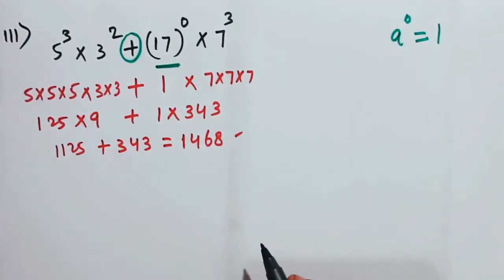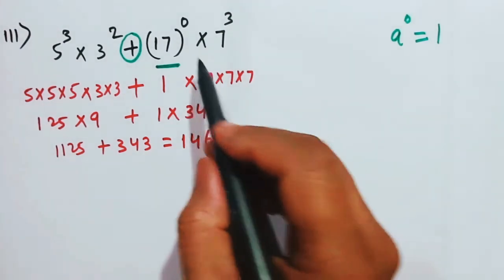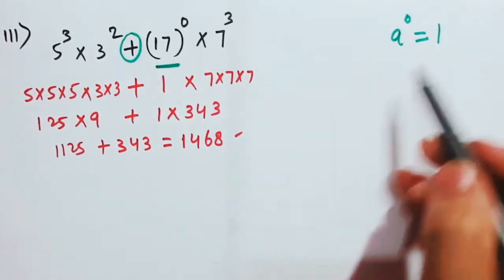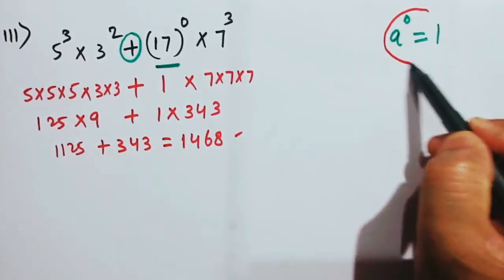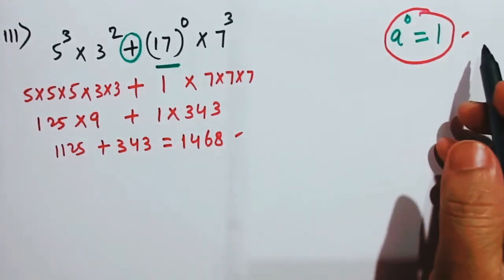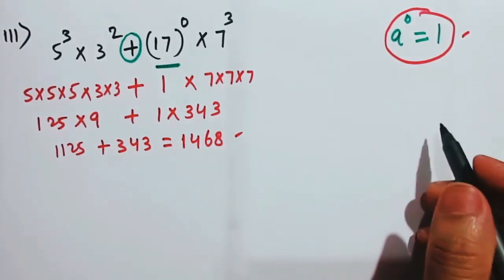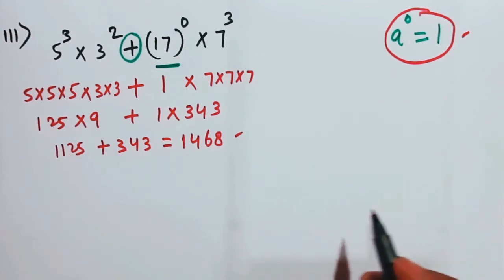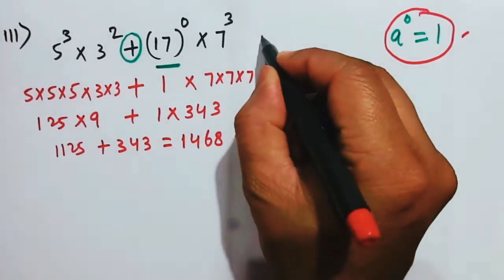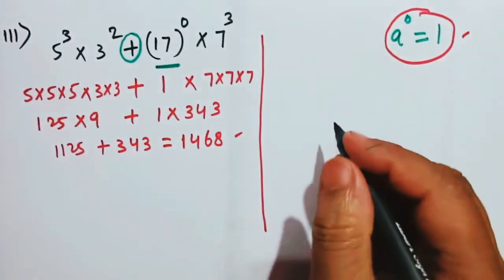Simple. So the main problem was over here, 7 to the power 0, and the child who didn't know this formula naturally will get lost. Come on, let's finish the other one. We have enough space over here.